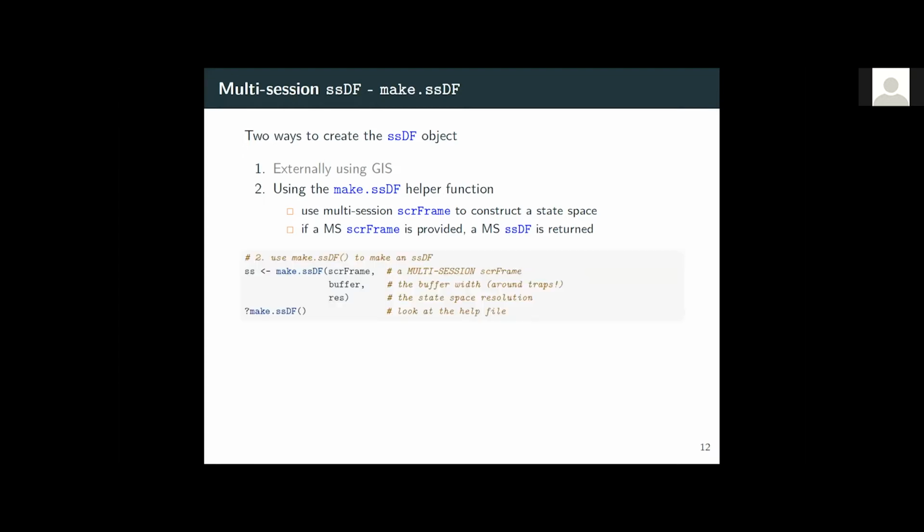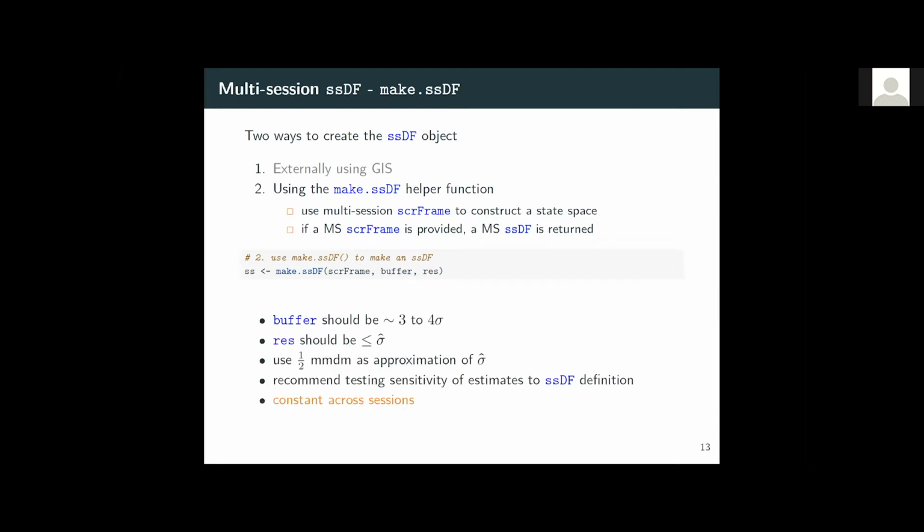So we don't actually have to know anything else here apart from the fact that what we're going to do is supply this multi-session SCR frame that I spoke about in the previous slide. We're still going to define a buffer around the traps, and we're still going to define a resolution that defines the space between the points of the mesh.